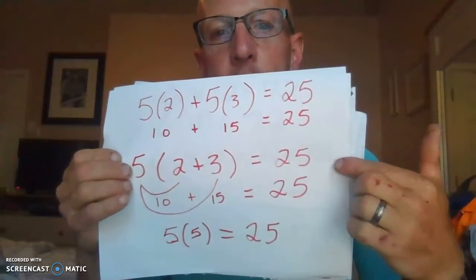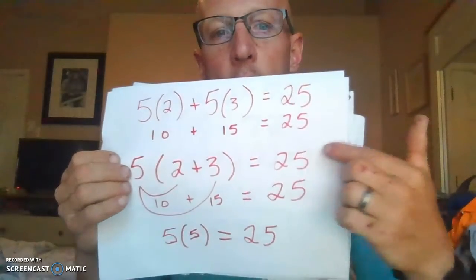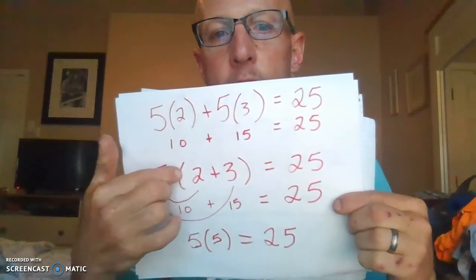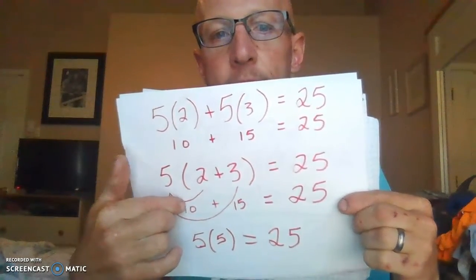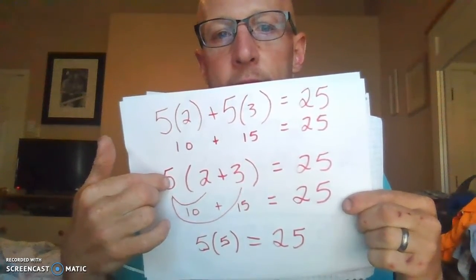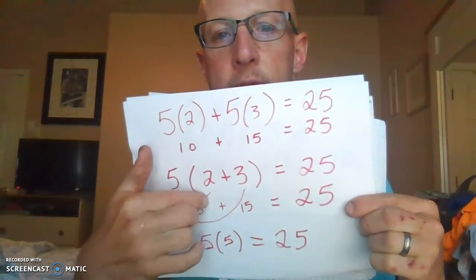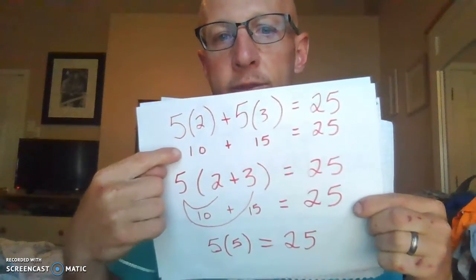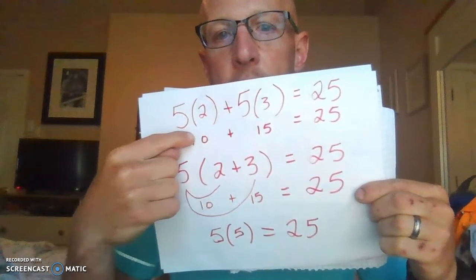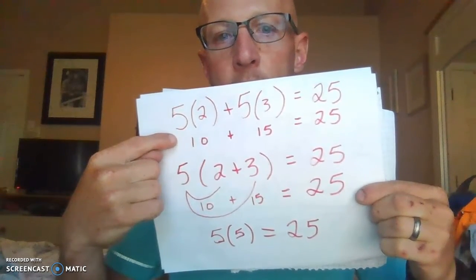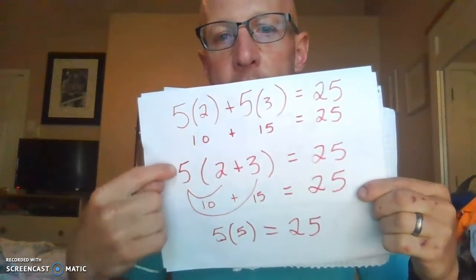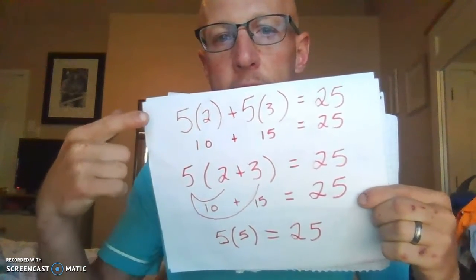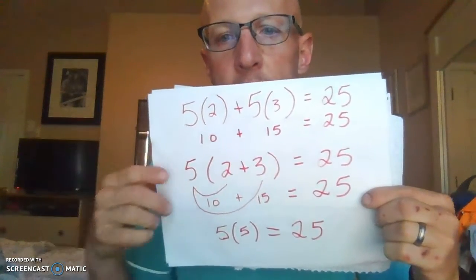Or we can distribute the 5 over the 2 to make 10. Then we can distribute the 5 over the 3 to make 15. And you can see it gives us the same example as our top value. So this is 3 different ways of looking at the same product, okay, on the far side over here.